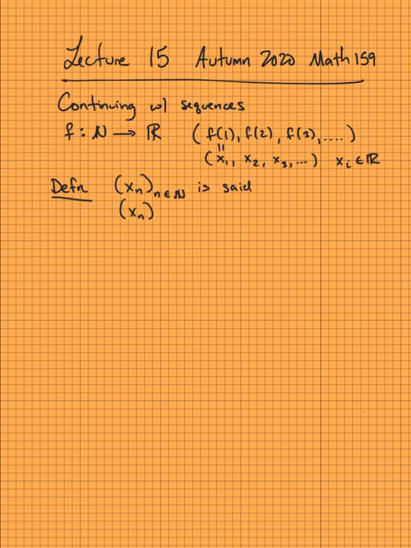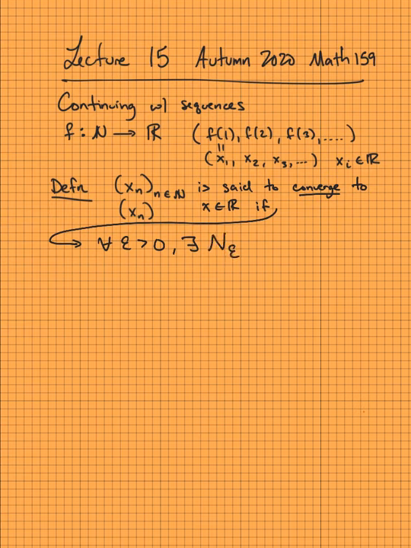Is said to converge to x in R if, for every epsilon greater than 0, there exists some N, which will depend on epsilon, in the natural numbers, so that for all n bigger than or equal to N_epsilon, we have that the absolute value of x_n minus x is less than epsilon.